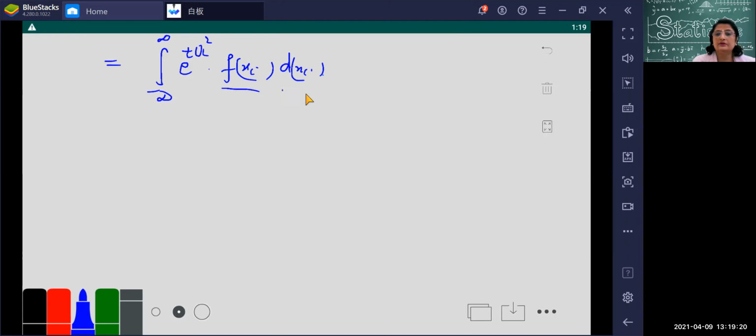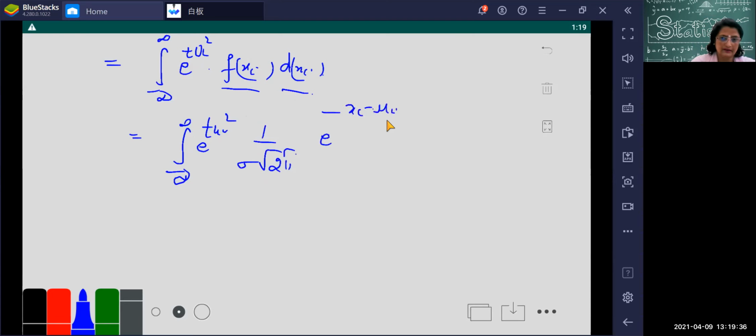So now let us put the value of f of xi. This is the integration from minus infinity to infinity of e raised to the power t ui square. What is x following? The normal distribution. So we will put the formula of 1 by sigma root 2 pi, e raised to the power minus 1 by 2 ((xi minus mu) upon sigma) whole square. Here you have to keep one thing in mind: all are identically distributed, which means they all have the same mean and same variance.